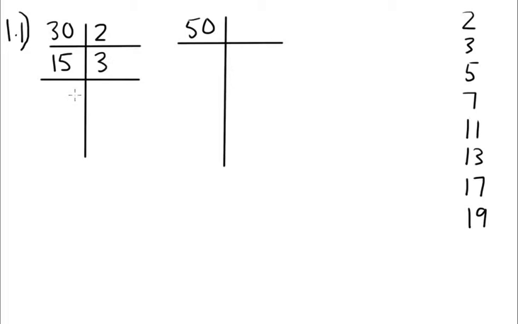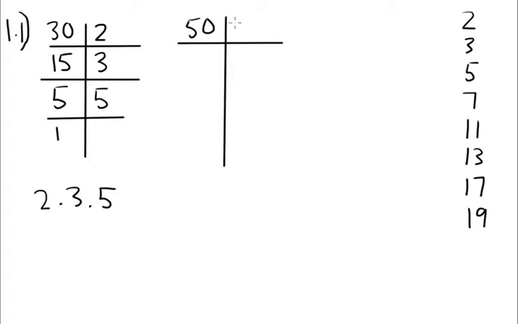15 divided by 3 gives you 5. And then 5 divided by 5 is equal to 1. So the factors that make up 30 are 2 multiplied by 3 multiplied by 5, and that makes sense because 2 times 3 is 6, and 6 times 5 is equal to 30.